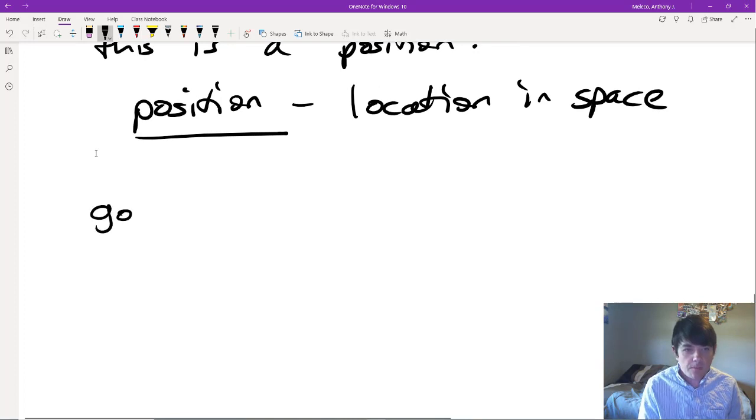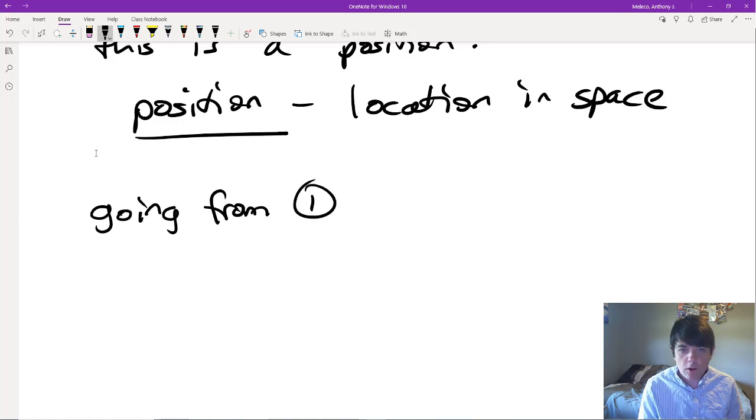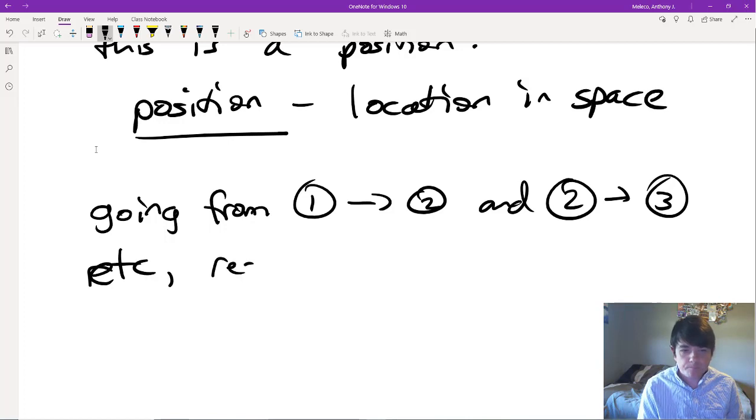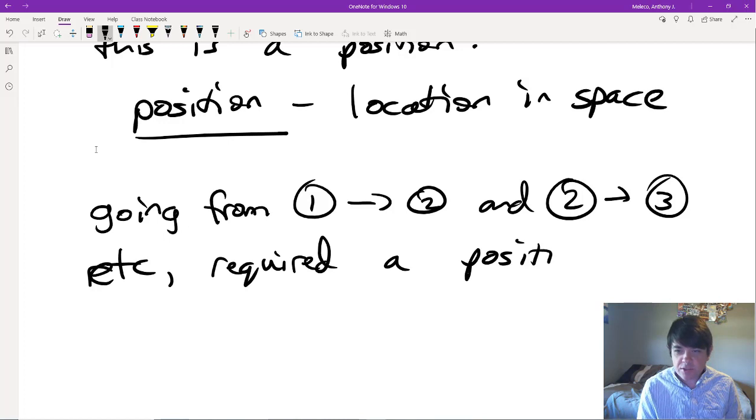Now, going back to this picture I did, going from 1 to 2 and 2 to 3, oops, I was using arrows, going from 1 to 2, 2 to 3, etc. required a position change, okay?